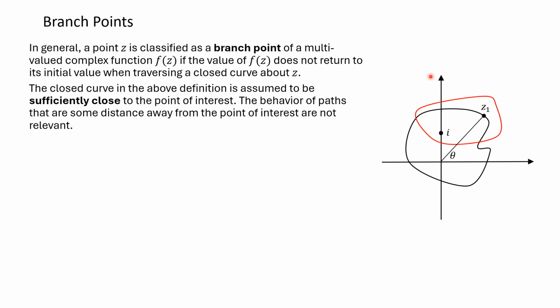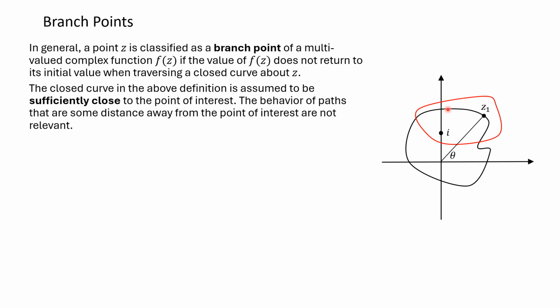So let's look at an example here. Let's say our f of z again is log z, and we have a point i, the imaginary number i, that we'd like to consider as being a possible branch point.